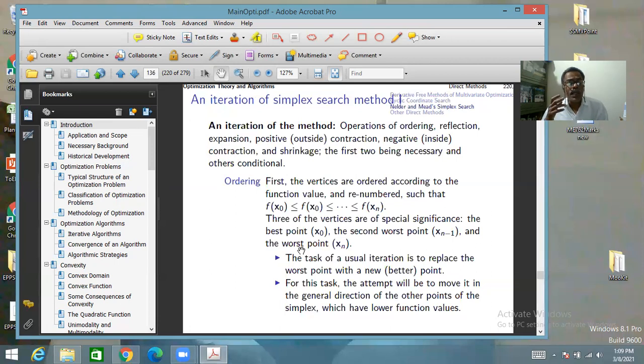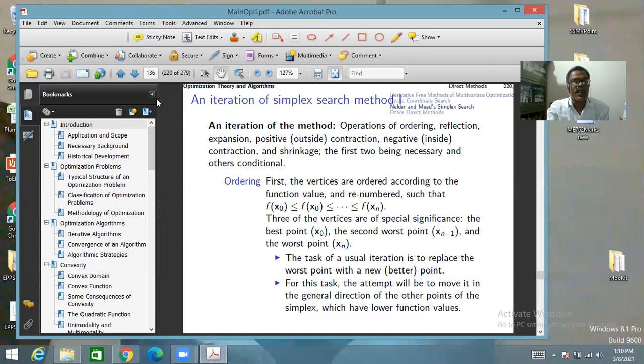And the task of a particular iteration would be to replace the worst point with something better. That is what an iteration attempts to do. And for this task, we will try to move the worst point in the general direction of the other points, which are better.